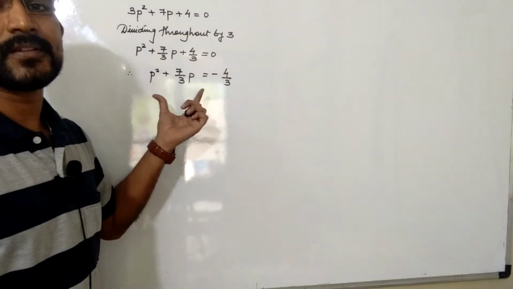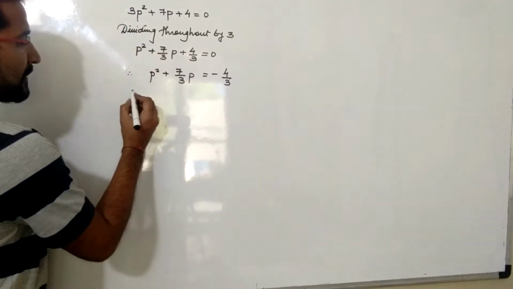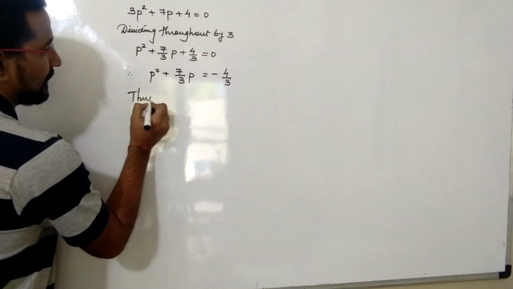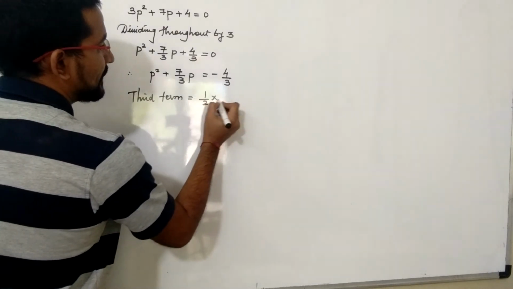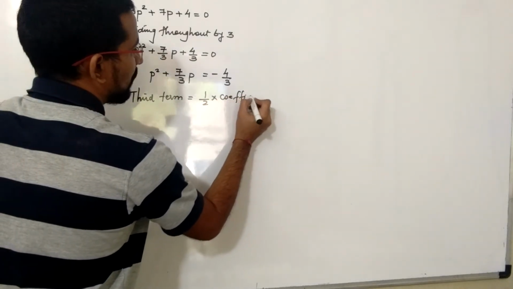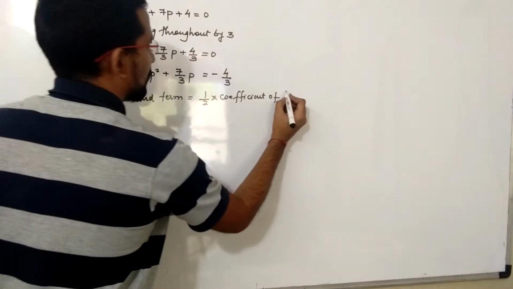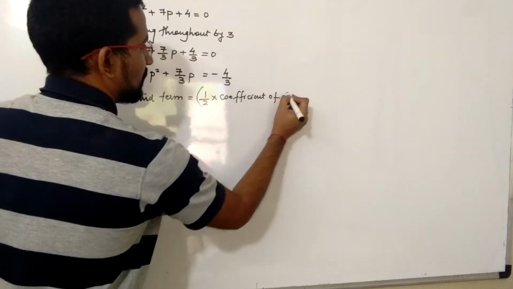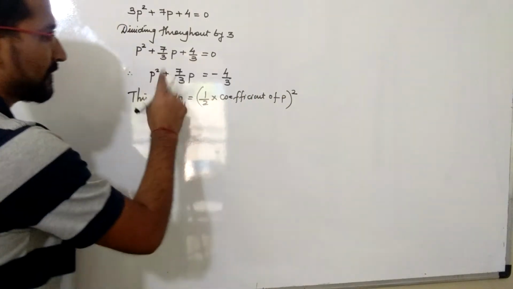So we have to find the third term, and for the third term you have one formula: the third term is equal to half into the coefficient of p, the whole square. Coefficient of p, x, y, z, whatever the variable is.